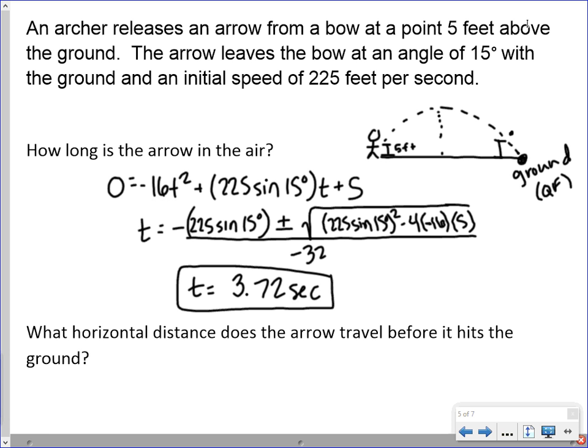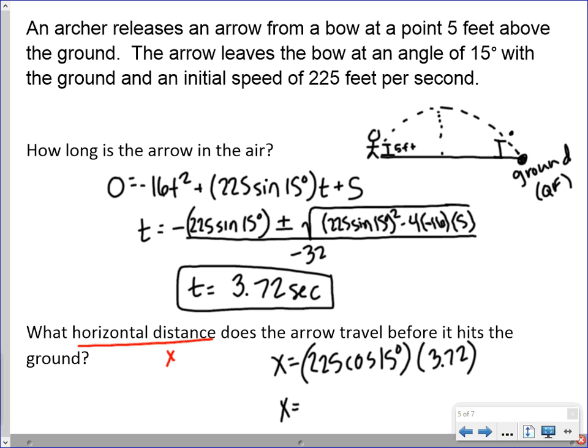This question is now asking about a horizontal distance, so we know that has to do with x. So we'd like to do x equals, what do we have? 225 cosine 15, and then multiply it by the time it hits the ground, which we have just solved using the quadratic formula.